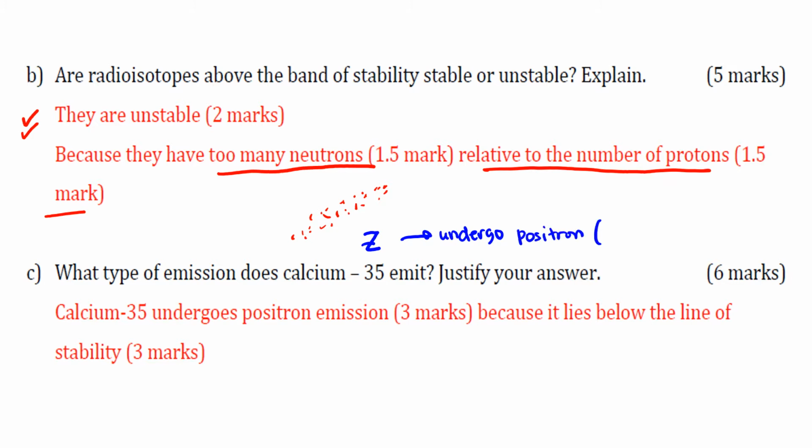They have too many protons, and the ratio of neutron to proton is not appropriate for those isotopes that are considered to be stable.